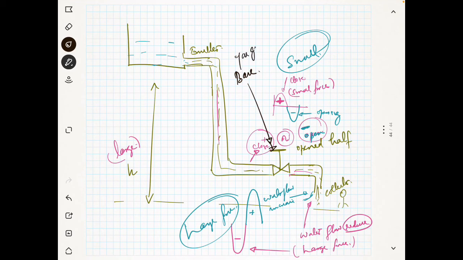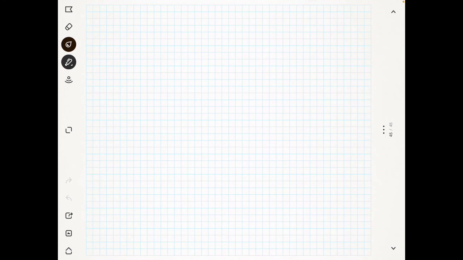So at the base you give the input. By controlling the base current, you are controlling the output. This is how it is working. I hope this example is clear to you. So that is how the transistor is working as an amplifier.